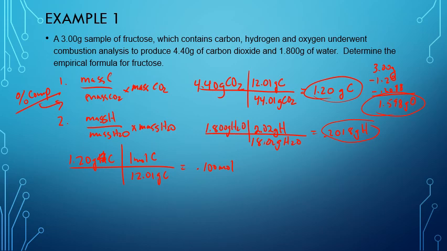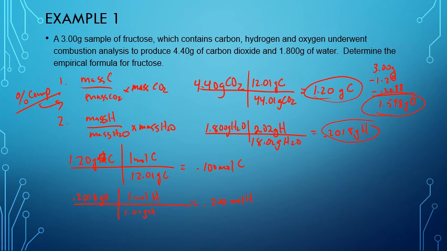When I look at the hydrogen, I have 0.2018 for my grams of hydrogen. Again, 1 mole of hydrogen. Now we're just talking about an atom, so I go back to 1.01 instead of the molecule's mass. If I do 0.2018 divided by 1.01, that gives us essentially 0.1998, or 0.200, for my moles of hydrogen.